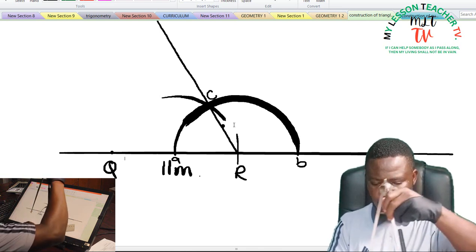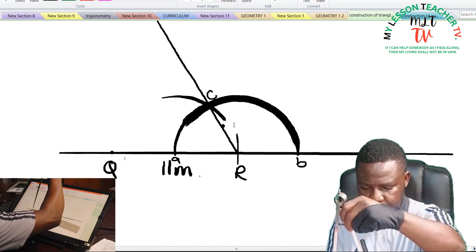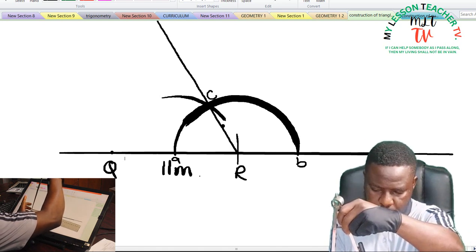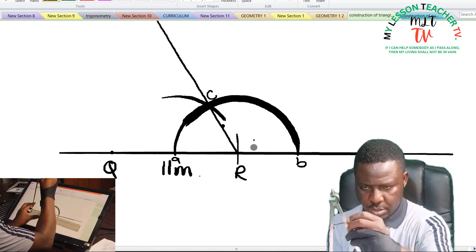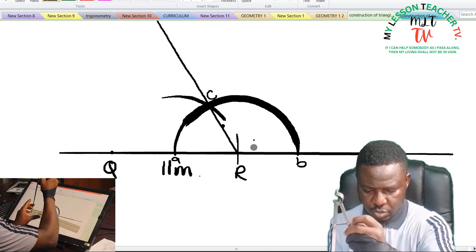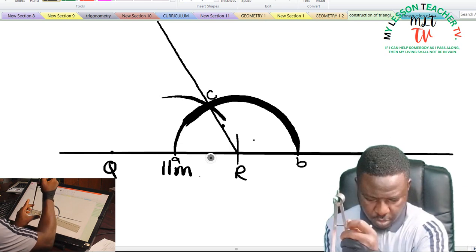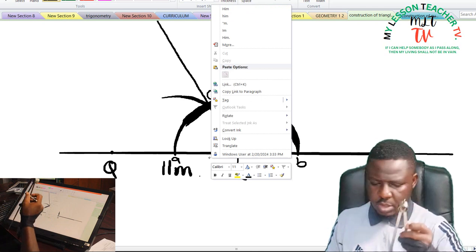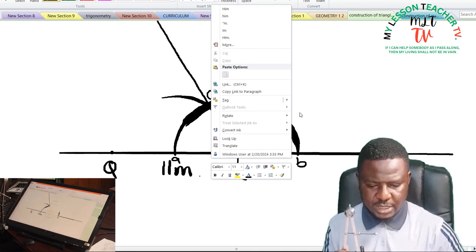So I'm going to measure 9 meters. So I have to reduce it because it's more than 9. So I've gotten 9 meters. So what do I do with it?